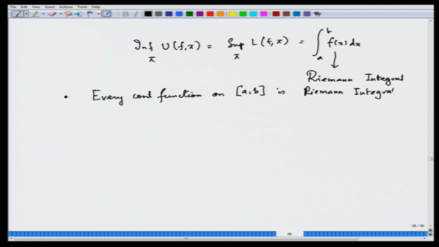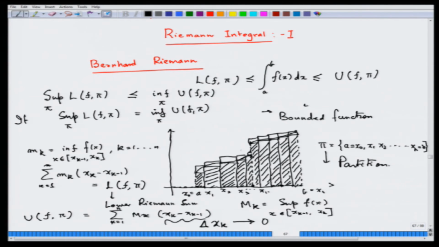So, any function for which the Riemann integral exists, we call it Riemann integrable. Now, the interesting fact, what we have just seen, is that we have done this game with a function that is discontinuous at just one point.